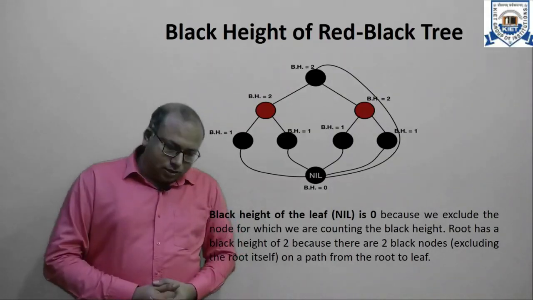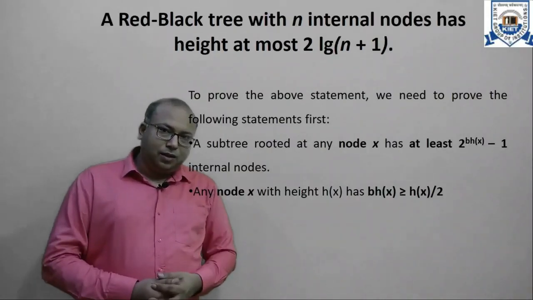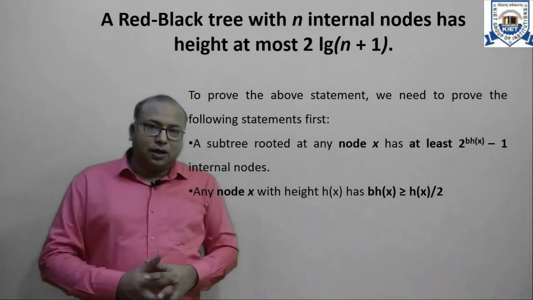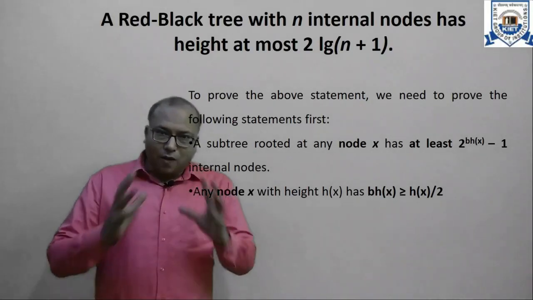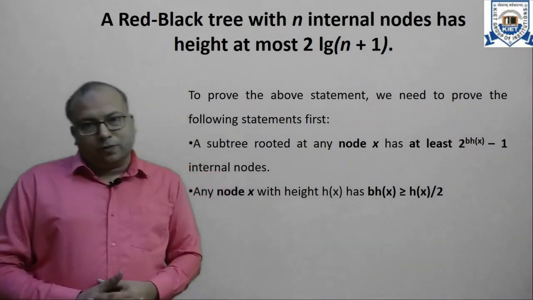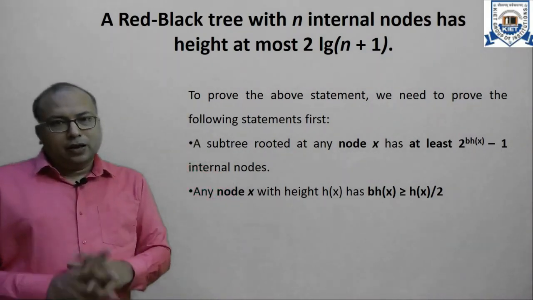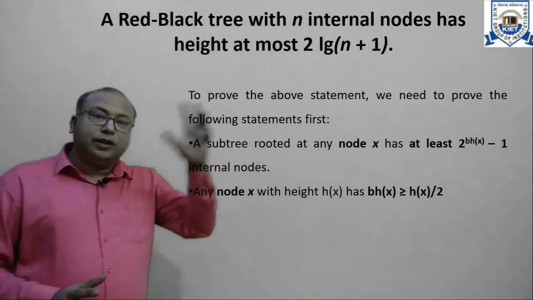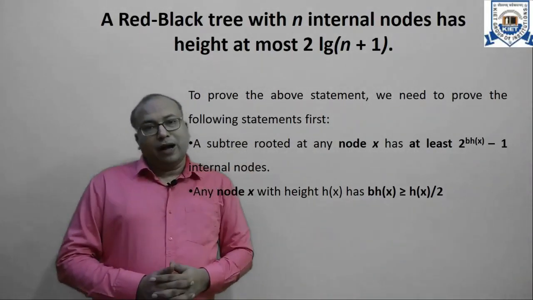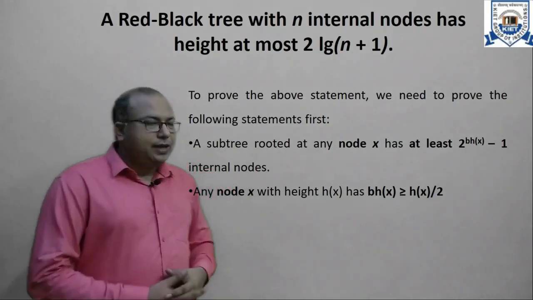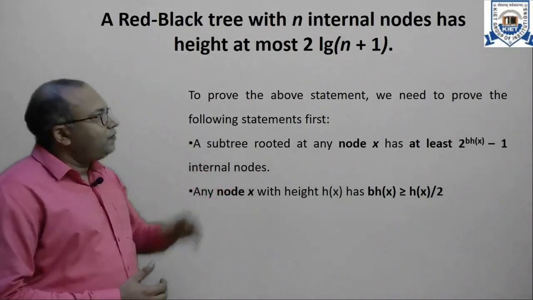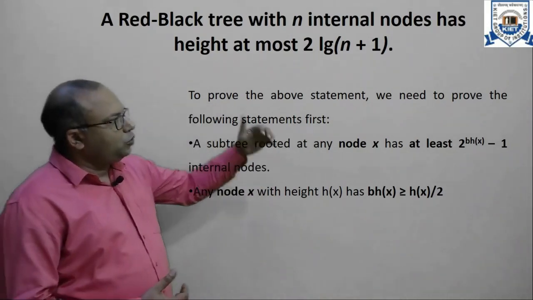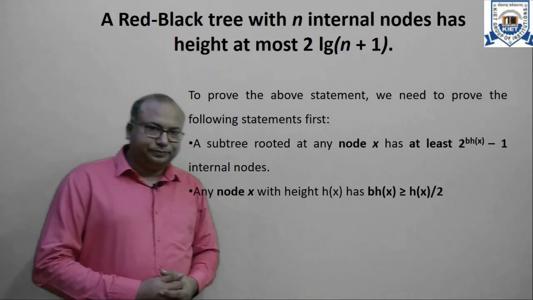Now we will discuss one of the most important lemmas of the red-black tree. This lemma proves that the complexity of all major operations in a red-black tree will remain order of log n, similar to a balanced binary search tree. The lemma is: a red-black tree of n internal nodes has height at most 2 log n plus 1.